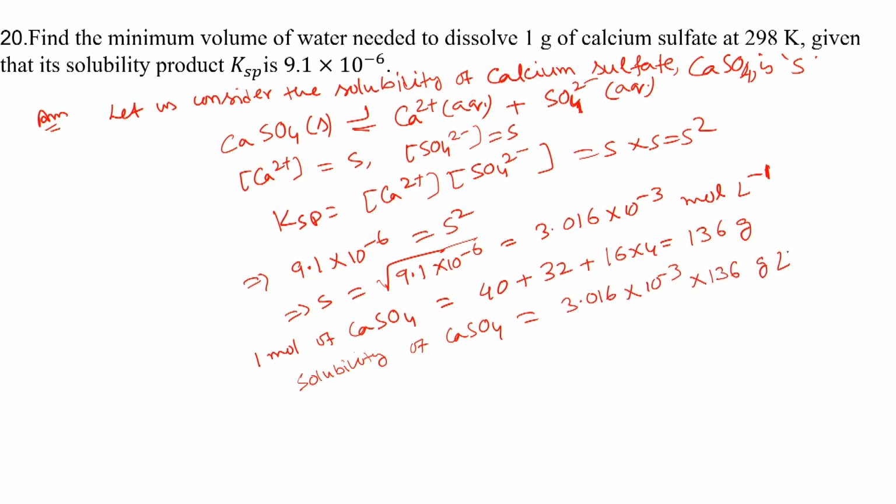This is grams per liter, right? So we get 0.410 gram. Therefore 0.410 gram is dissolved in 1 liter.